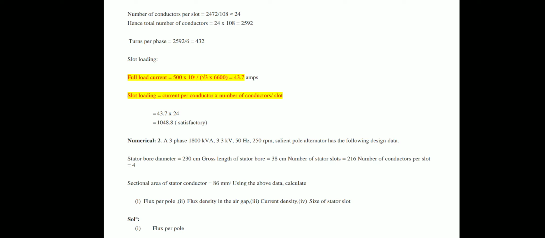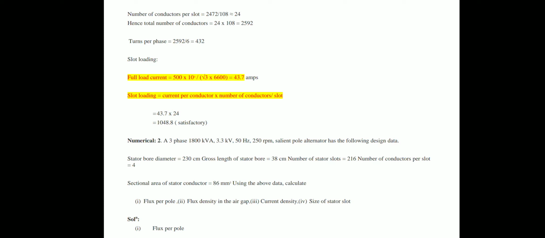Slot loading is equal to current per conductor into number of conductors per slot, 43.7 into 24, is equal to 1048.8, which is according to the question satisfactory. This is the end of numerical 1.